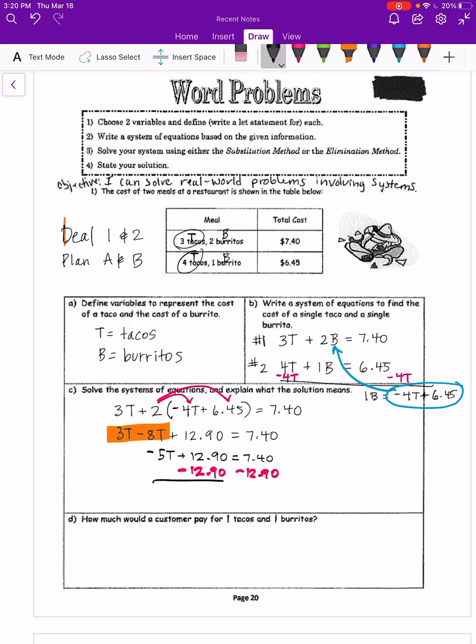So you're going to have negative 5T equals 740 minus 1290. You can do that on your calculator. It's negative 550. Then I'm going to divide by a negative 5, divide by a negative 5. And so T is equal to, and I'm going to squeeze it in right here, $1.10. And I had 2 negatives, so you know that makes it a positive.